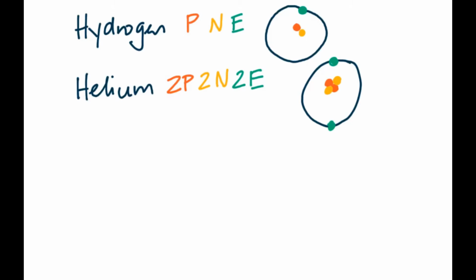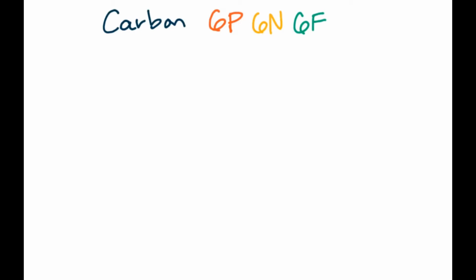The next element I'm going to draw for you is actually not going to be the next one that comes in sequence, because that would be lithium. What I'm going to draw for you now is carbon. Carbon is what life forms are based on. Carbon is going to have 6 protons, 6 neutrons, and 6 electrons.